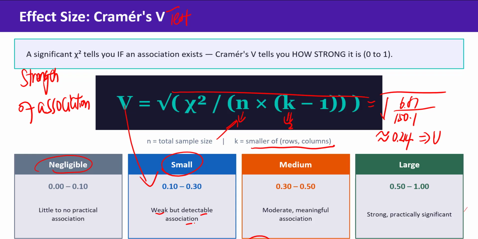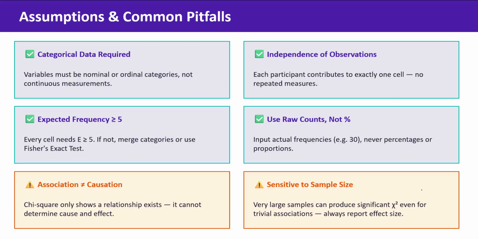Then there's medium association, a moderate, meaningful association, and a strong association with strong practical significance between 0.5 and 1. So based on the V values, we can determine the strength of the association. That's quite convenient.